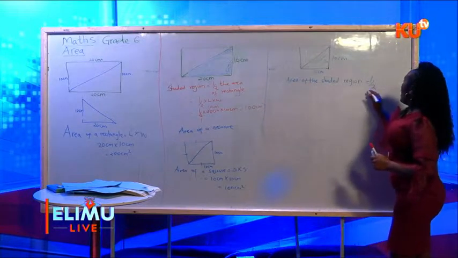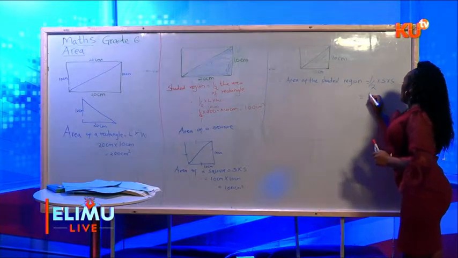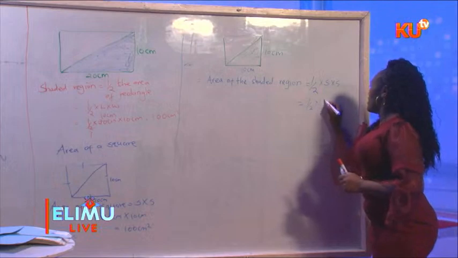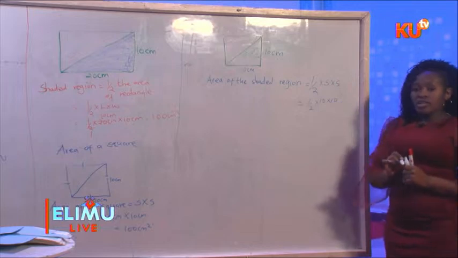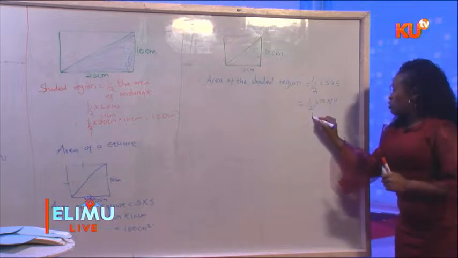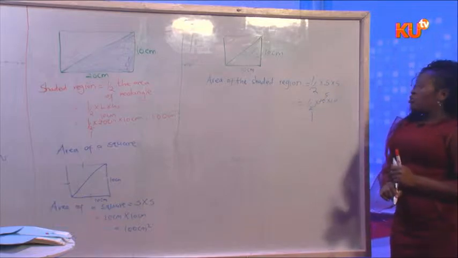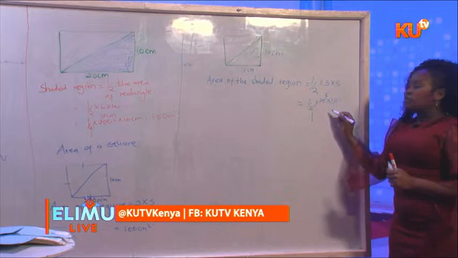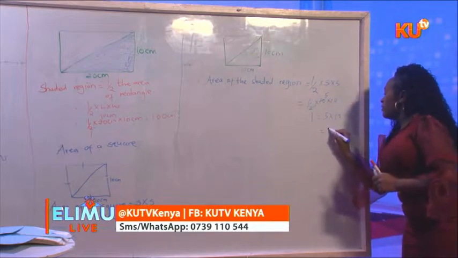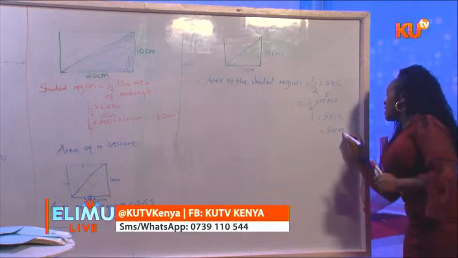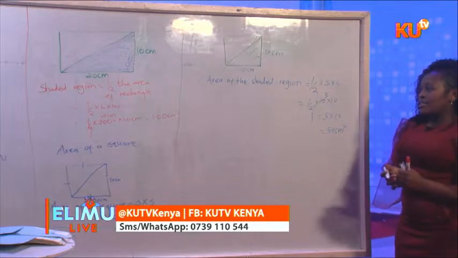So it will be a half multiplied by 10 multiplied by 10. So we can cancel. 2 into 10 is 5, which will be 5 multiplied by 10, which will be 50 centimeter squared. Are you together, learners? Yes.